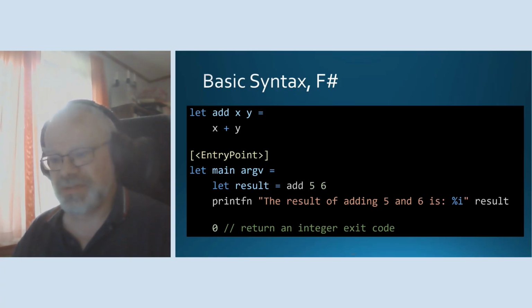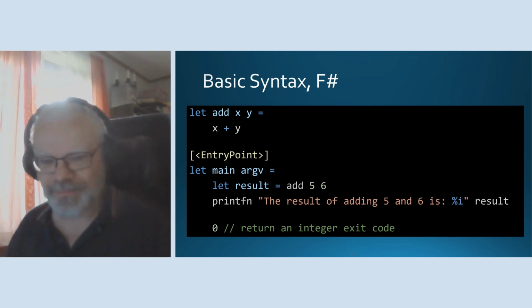But in this case, in the main function, I call add with 5 and 6, which are integer constants. That means the add function must have integer parameters. Otherwise, this would not compile. So the compiler says, okay, you're calling it with int, then it must be int. It cannot be anything else.